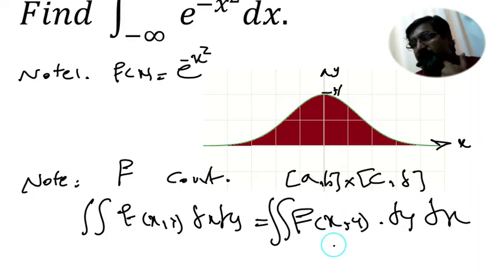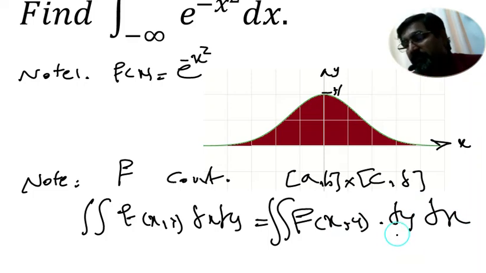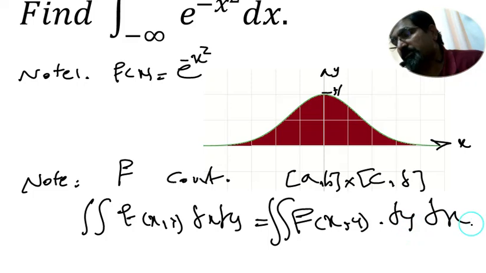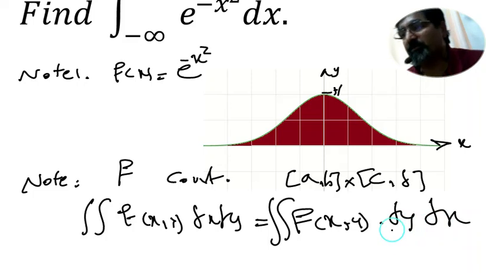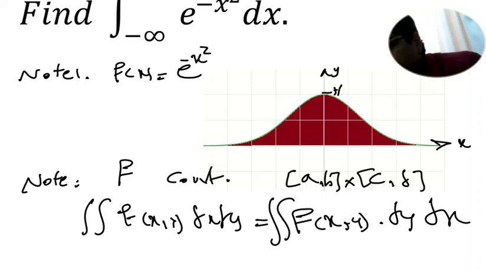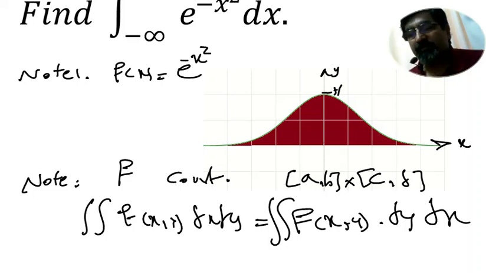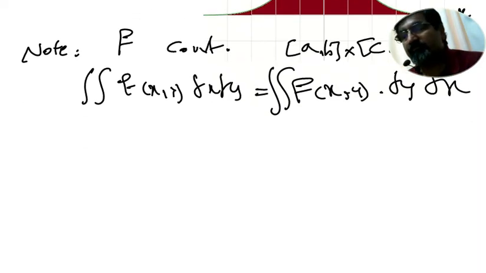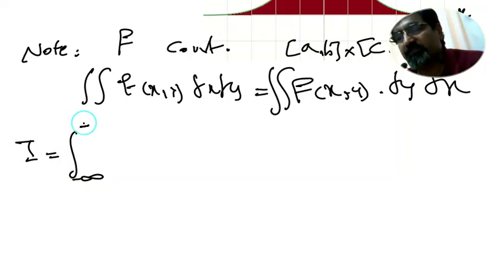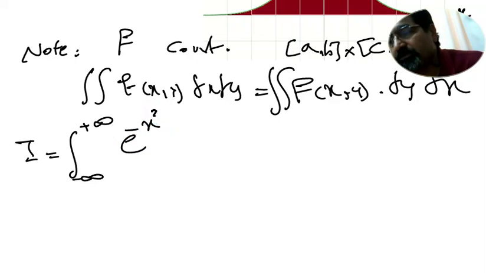That is, the order of integration over y or x does not matter. So for this, define I equals the integral from negative infinity to positive infinity of e raised to negative x squared dx.